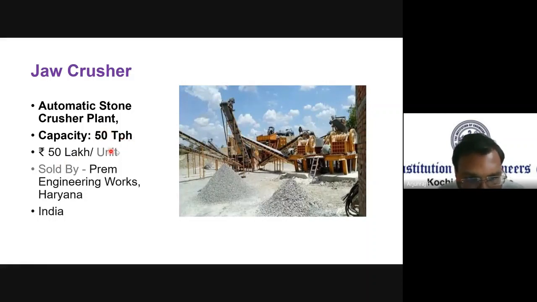So 50 tons of stones can be crushed in an hour. The cost here is 50 lakhs per unit. And again, you need to select depending upon the capacity. If you go with low capacity, the cost is going to be lower, and accordingly, you can also have your strategy.